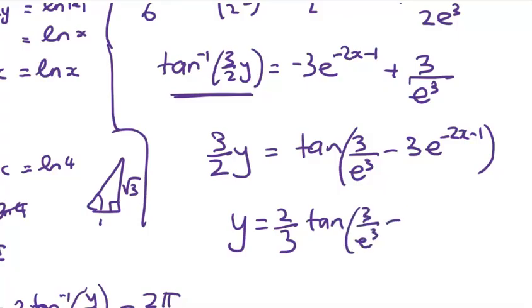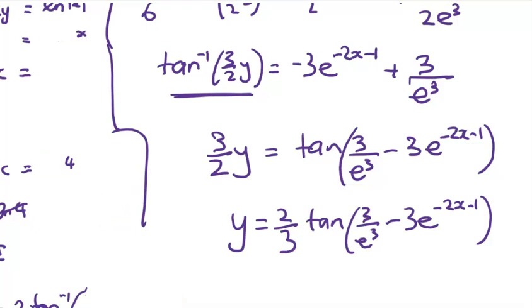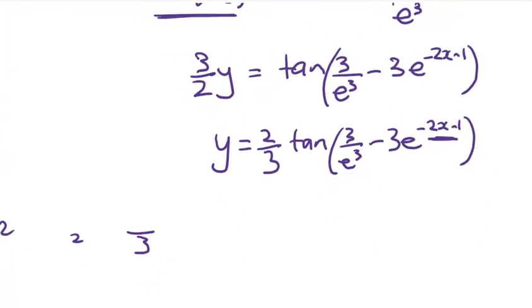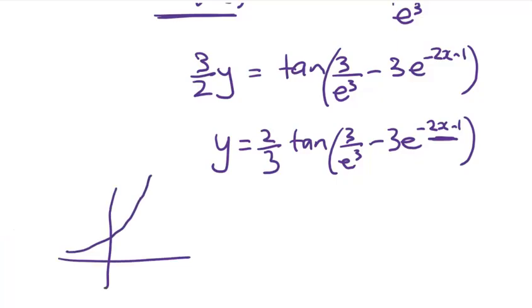Now I just want to have time to do this last bit because it's, I think, a really nice last mark. We're asked what will happen as x goes to infinity. I'll just get rid of this muck over here. So when x goes to infinity, let's look at where it's sitting in the equation. Well, x is in here. So thinking about my graph of e to the x, that's e to the x, and we have e to the -2x.